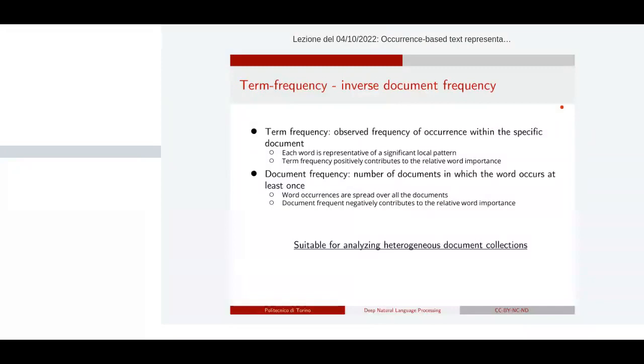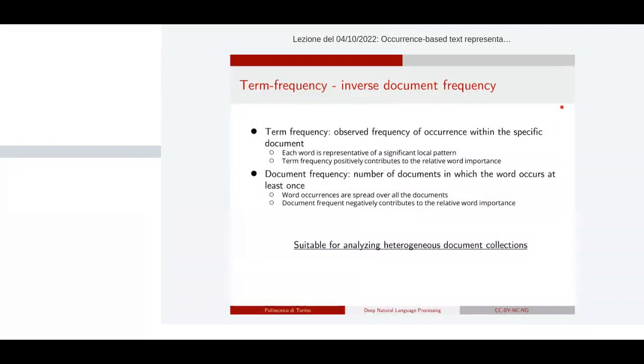And of course, if the document frequency is very high, the discriminating power of this word occurrence is near zero, because it's not relevant. So, in conclusion, this kind of metric is suitable for analyzing, let me say, heterogeneous document collections. So documents that are not all pretty much the same, because the content, the topics covered by each sample should be heterogeneous enough, so diverse enough to have some peculiar local data distributions.